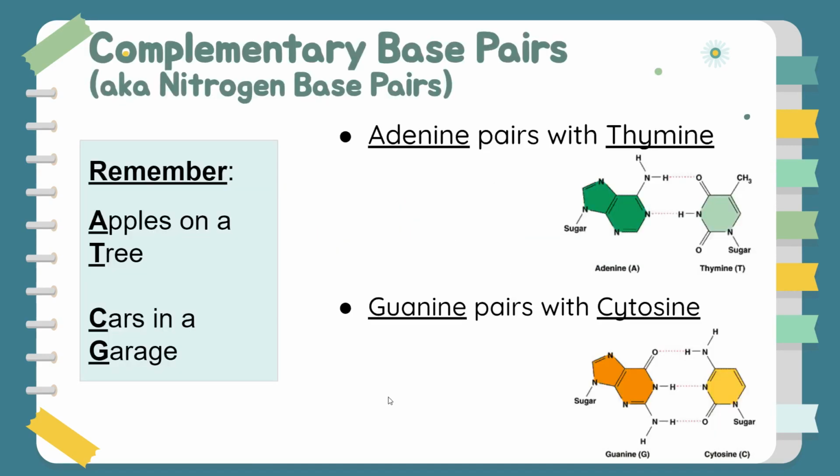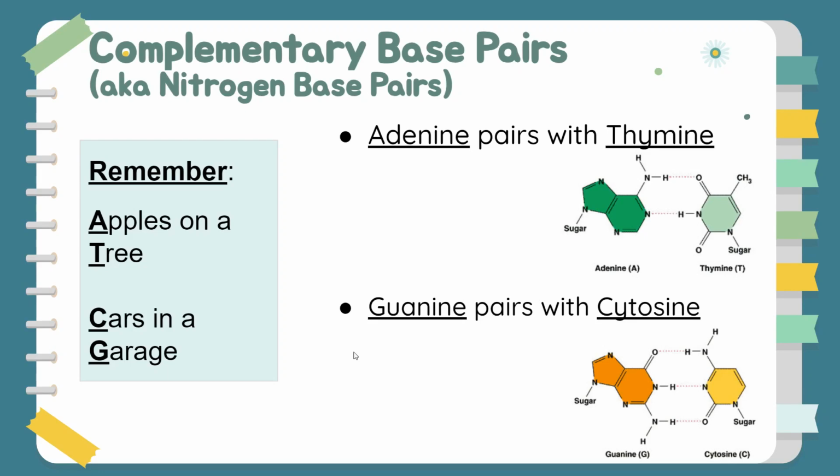All right, that brings us to one of our most crucial aspects of DNA structure, complementary base pairs. The term complementary base pairs is used to describe these pairings because the bases are like puzzle pieces that only fit together in these specific combinations. Adenine always pairs with thymine, and cytosine always pairs with guanine.